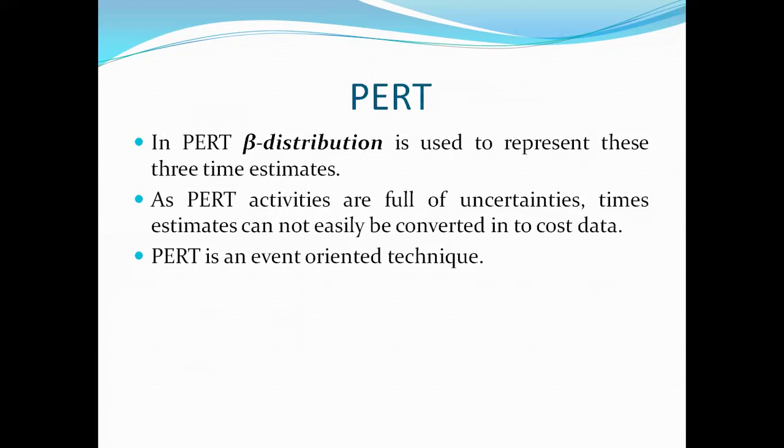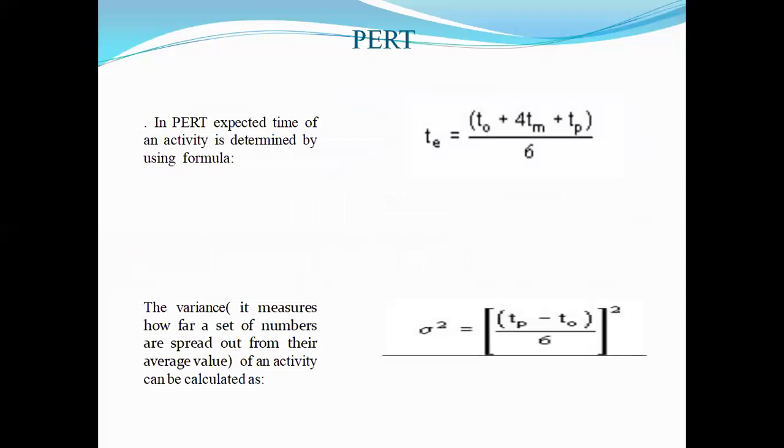The most important point related to PERT is that it is an event oriented technique, as we already discussed in the network representation, which follows the beta distribution type of time estimation.